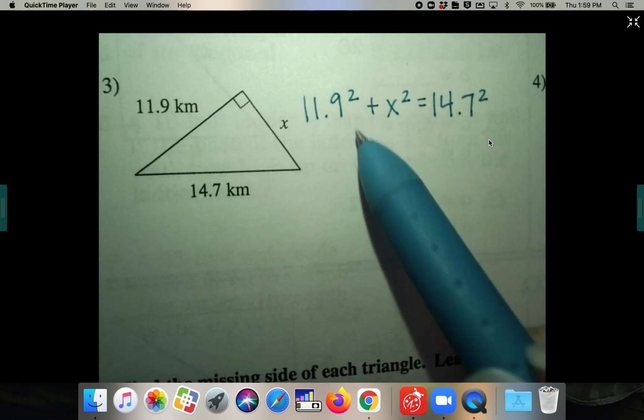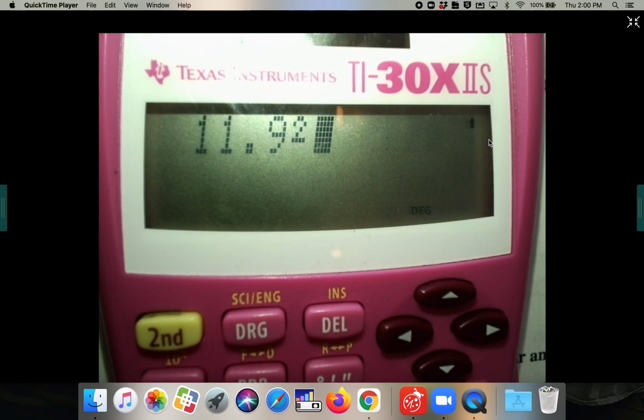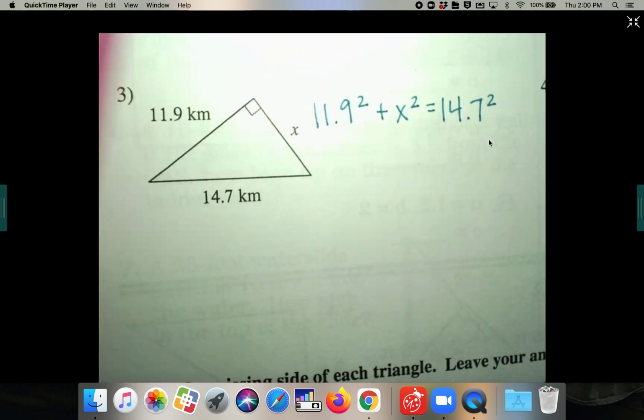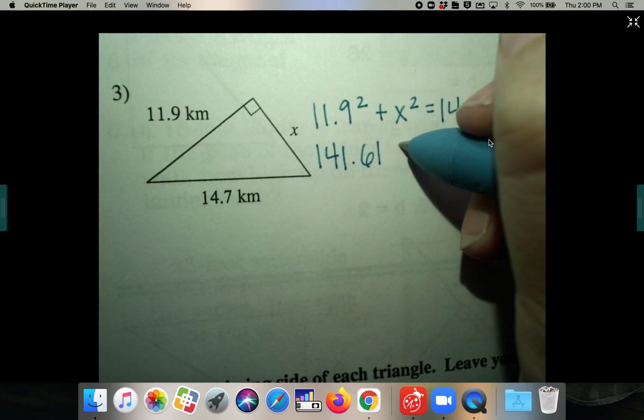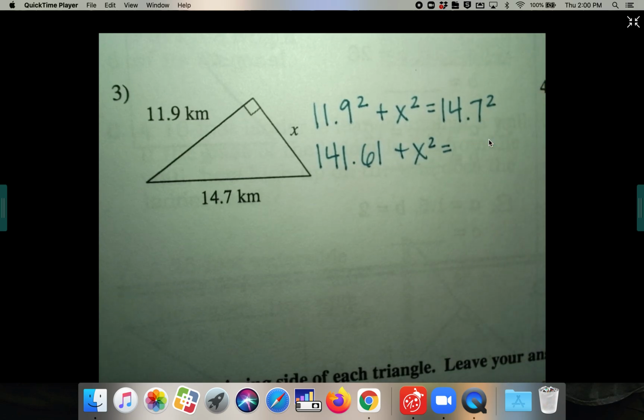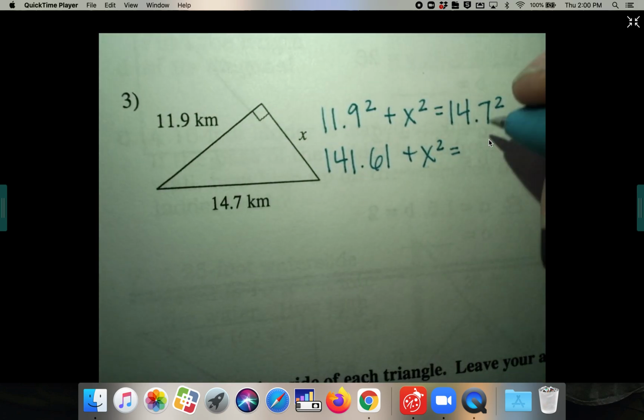I'm just going to use my calculator and start solving. 11.9 squared is 141.61, plus your x squared equals 14.7 squared, which is 216.09.